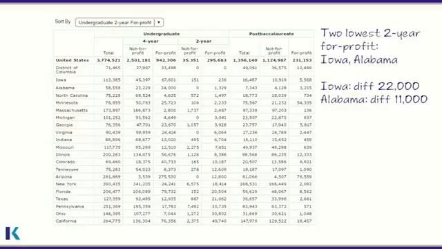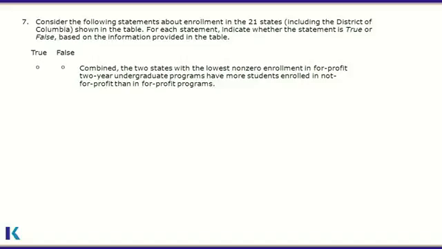On the post-baccalaureate side, there are more enrollments in not-for-profit schools, but given how small the numbers are, there's no way they'll balance out the 33,000 student difference you already calculated. Through strategic estimation, you can determine which category has more students in much less time than it would take to calculate precisely. It's clear that there are more students enrolled in for-profit institutions than in not-for-profit institutions, making the answer to this question false. Nice work so far.